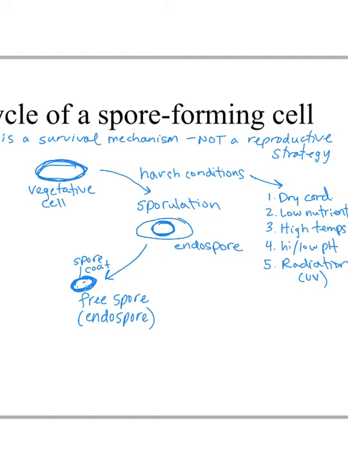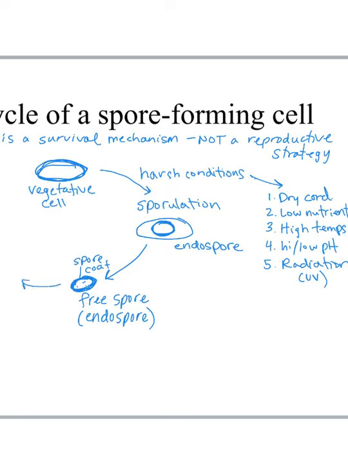How long can that endospore persist and still possibly be viable again? We don't even know. Certainly years, certainly decades, centuries, even thousands of years. We've found spores that we believe to be thousands of years old on mummies, and they've still been able to germinate. So, a long time.